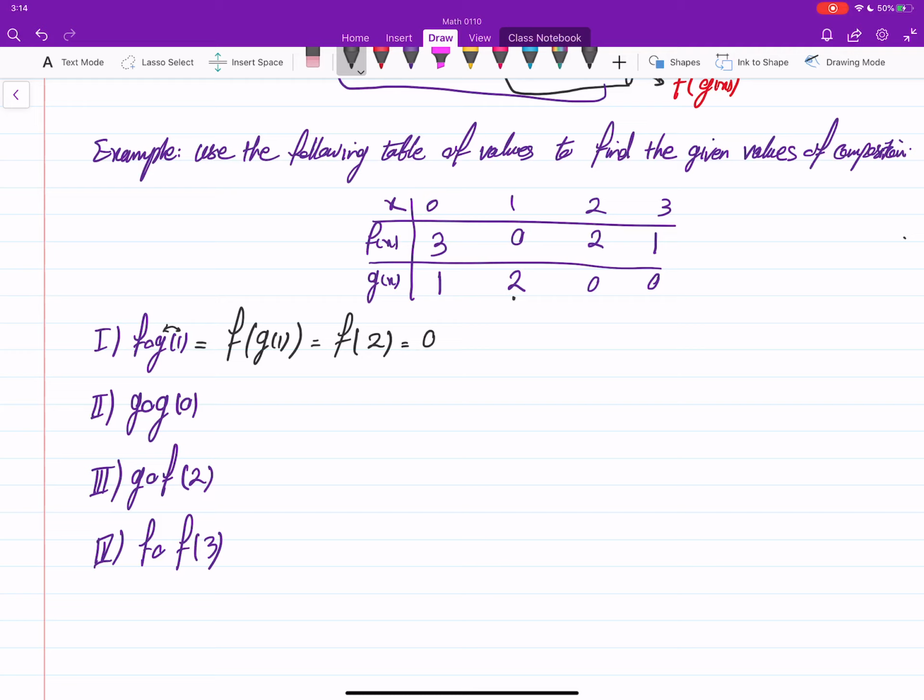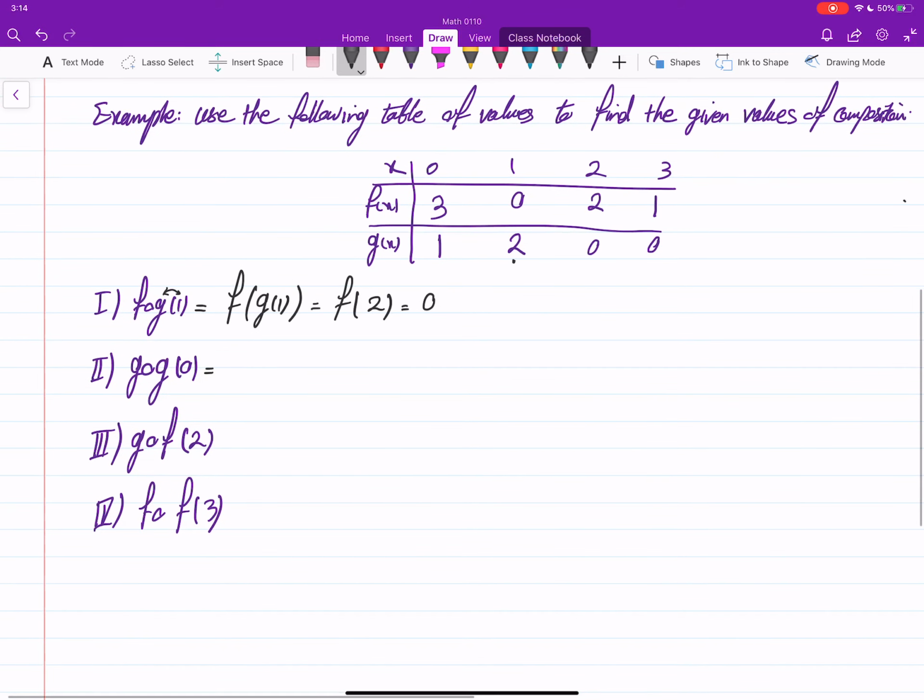How about g∘g? So at 0, first thing is to find the value of the function closer to that number, and then evaluate the outer function at the value of the inner function. So this will give us g at 0 is 1 here, and then g at 1 is 2.